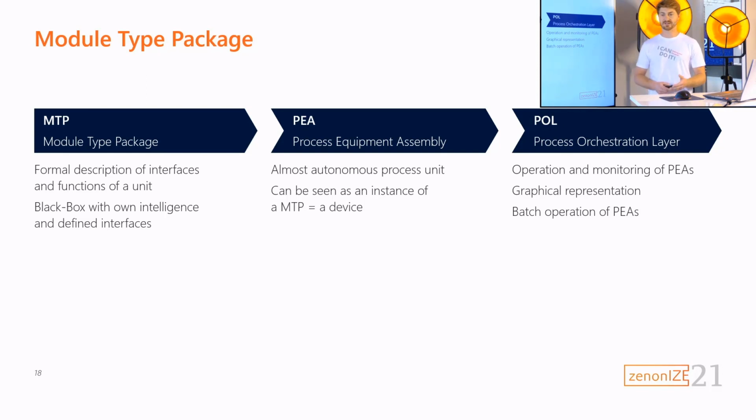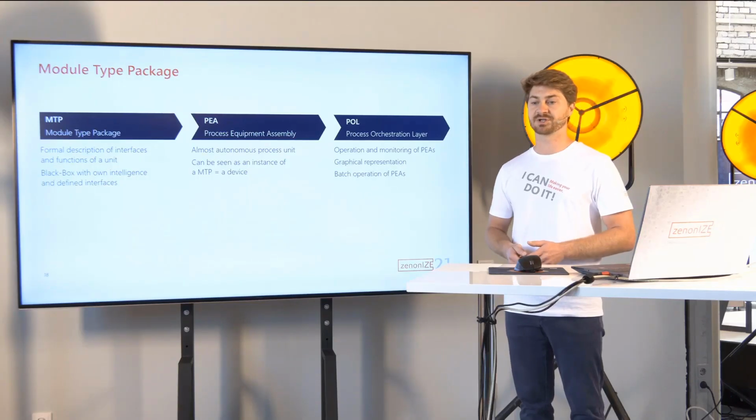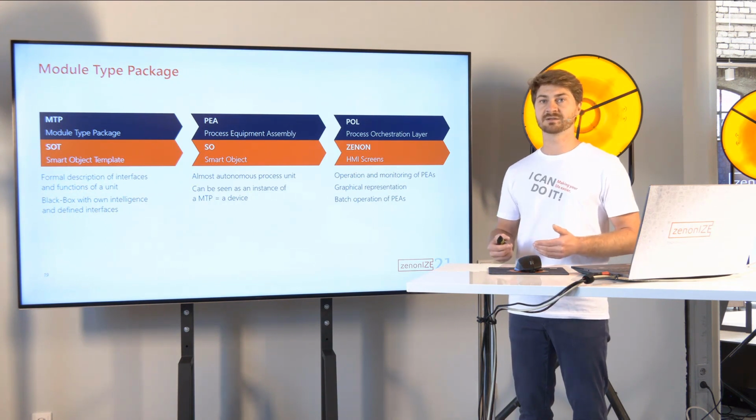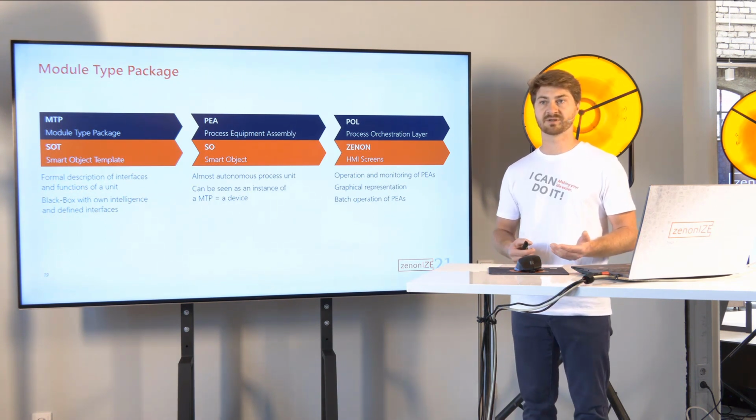As we realized those three main stages at COPA-DATA, we thought, hey, that fits quite well to our Smart Object technology, which was released a few Xenon versions ago. Within the Smart Objects, our Smart Object template is basically the equivalent of MTP itself.